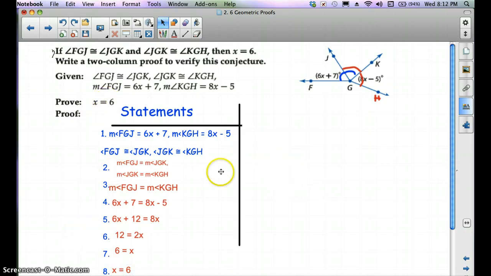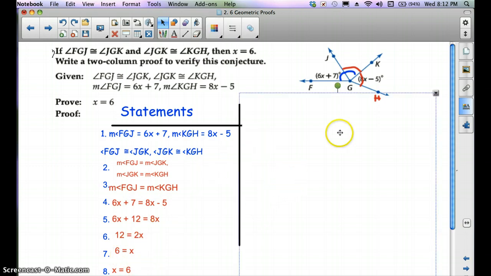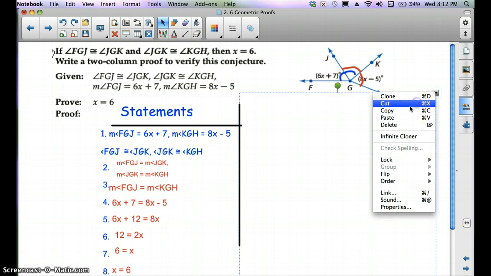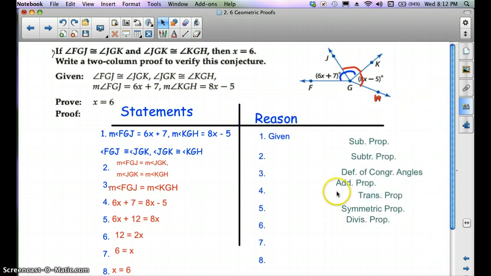So now let's think about, okay, we just did all this work to get our answer. Now let's think about the reasonings behind it. Why could we do all those things? Well, the first step was given. Okay. And how did I get rid of these little squiggles here? Because we always want to do that.